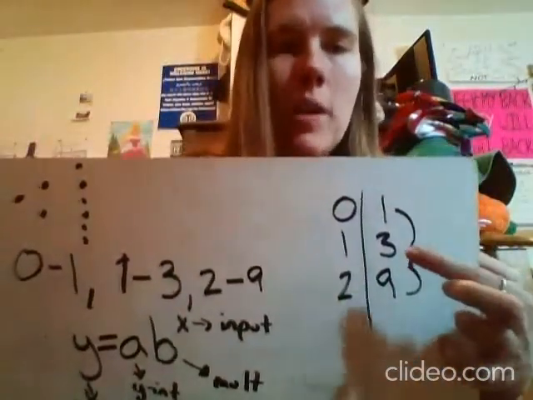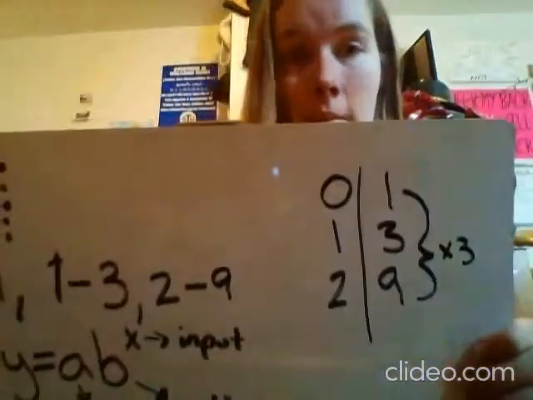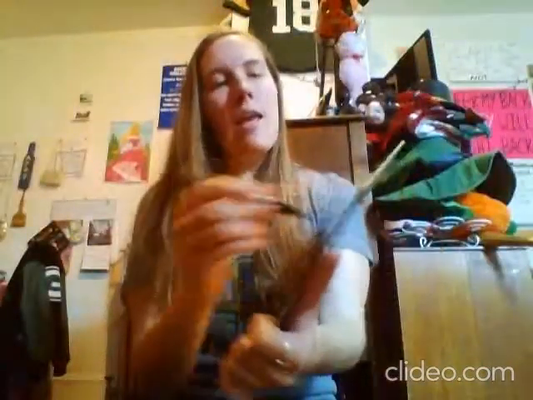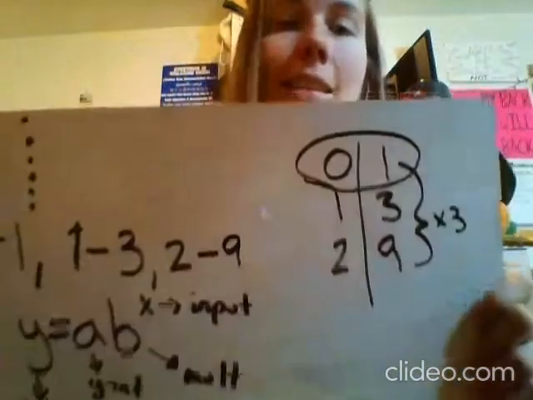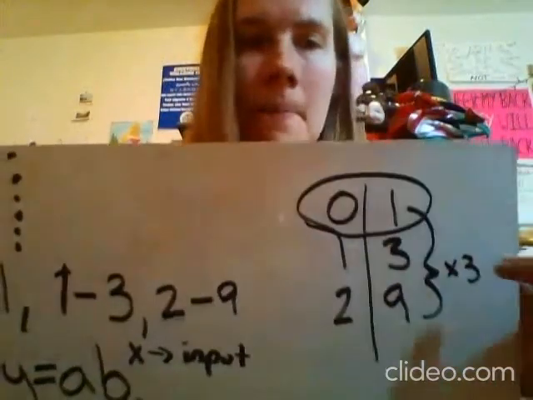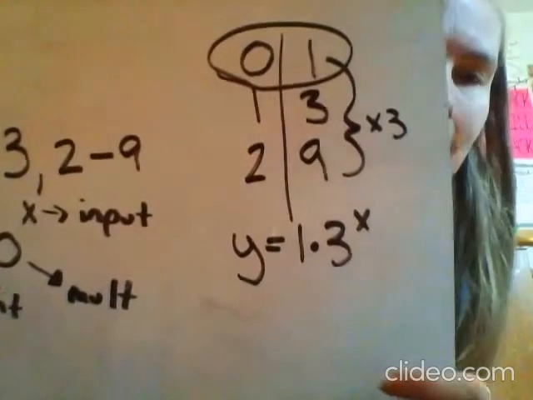And from 1 to 3 and 3 to 9, that means we're going to be multiplying by 3. That's our pattern. Then remember, y-intercept is always when the x is 0. So that means our a value is going to be 1, and our multiplier is going to be 3. So we now have the equation y equals 1 times 3 to the x.